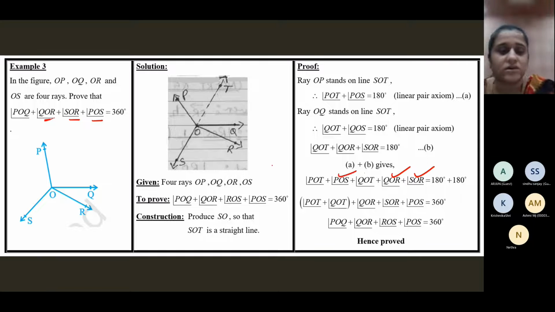Then we need POQ, so group these 2 angles, POT and QOT. This is POT, this is QOT. So when you put them together, you get POQ. And these 3 angles. So the sum of the 4 angles is equal to 360.